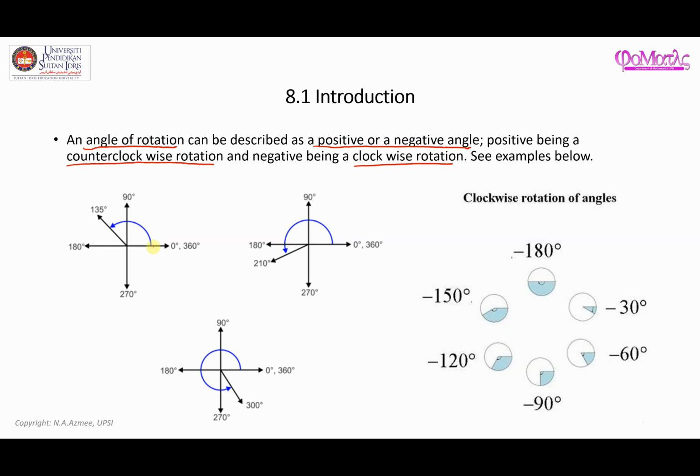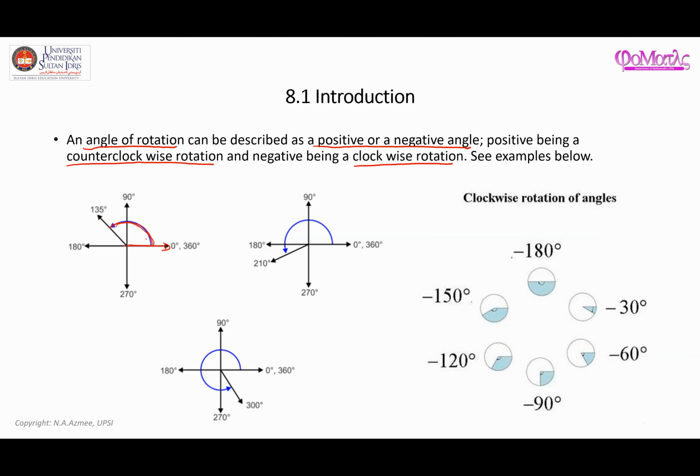So this is counterclockwise. It starts from here, this is the initial side, moving in a counterclockwise rotation, and it stops here. This is what we call the terminal side. So this is a counterclockwise rotation, a positive angle.